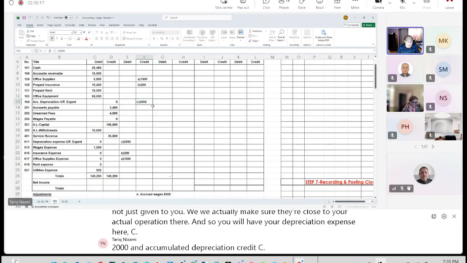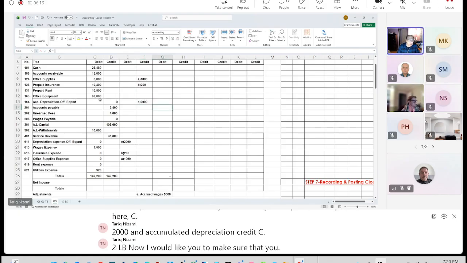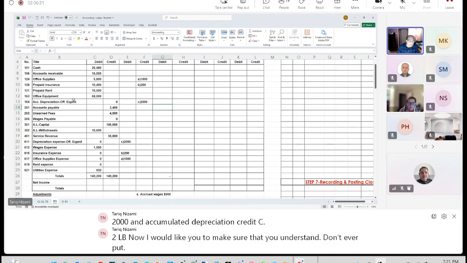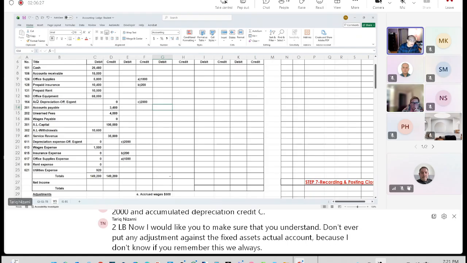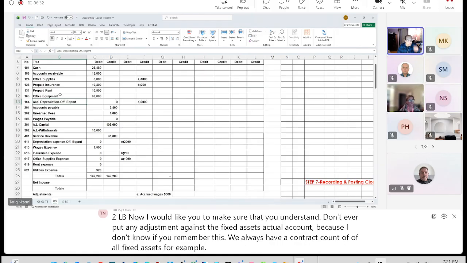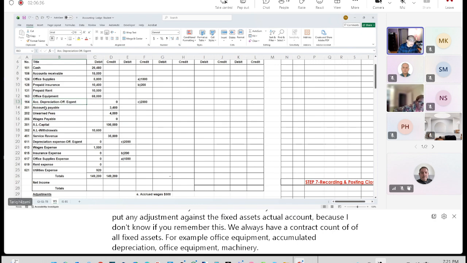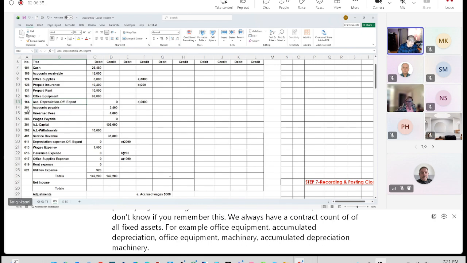Now, I would like you to make sure that you understand, don't ever put any adjustment against the fixed assets actual account, because, I don't know if you remember this, we always have a contra account for all fixed assets. For example, office equipment, accumulated depreciation, office equipment; machinery, accumulated depreciation, machinery; buildings, accumulated depreciation.